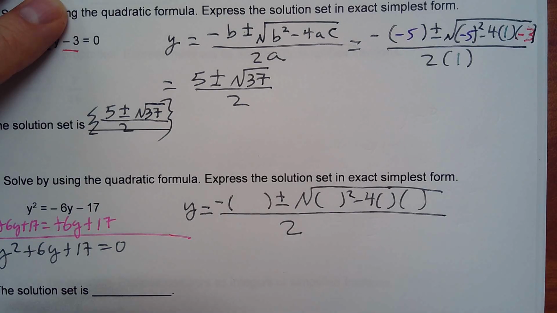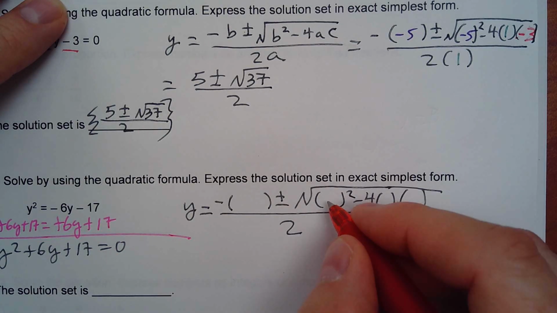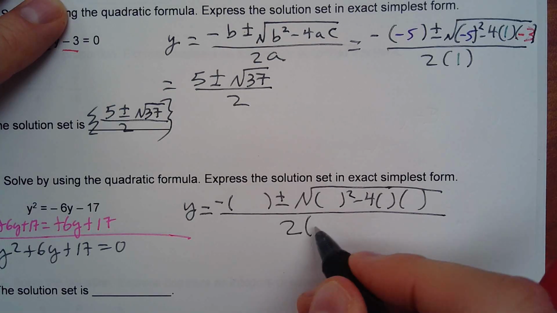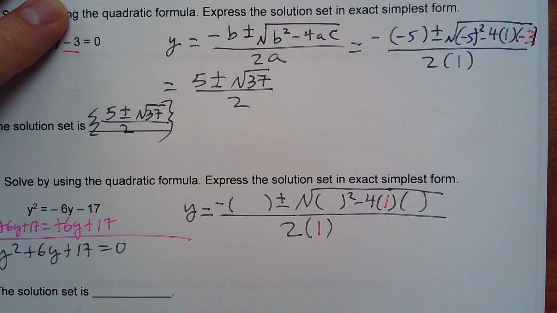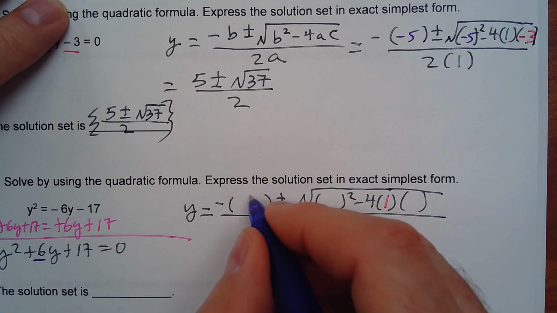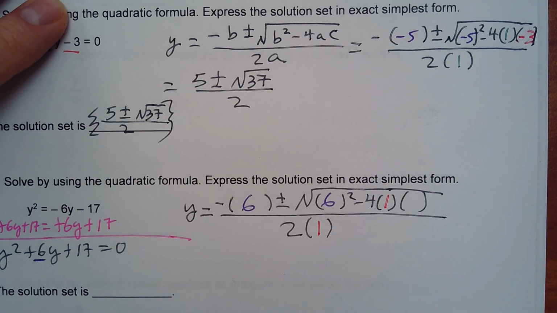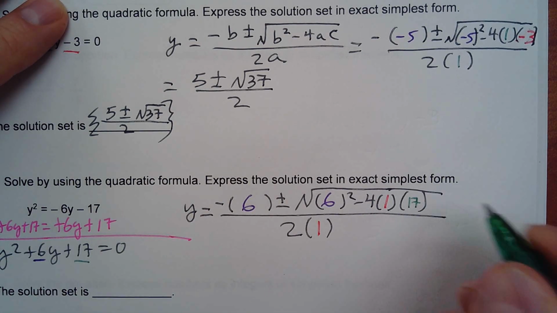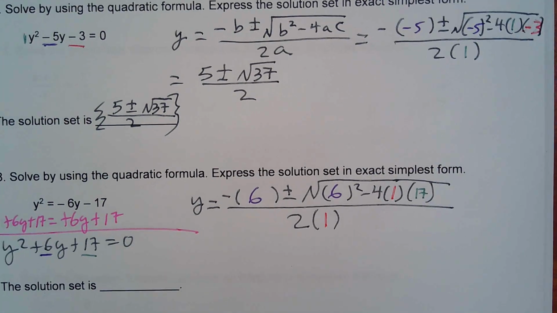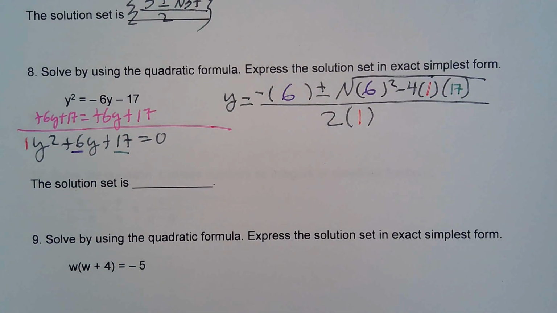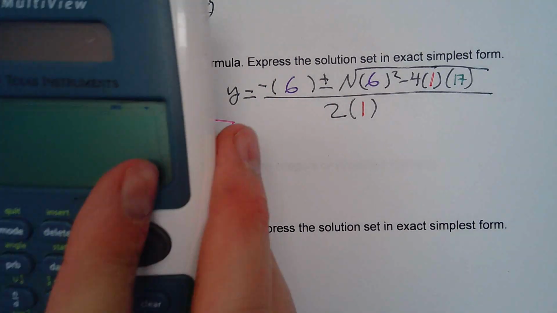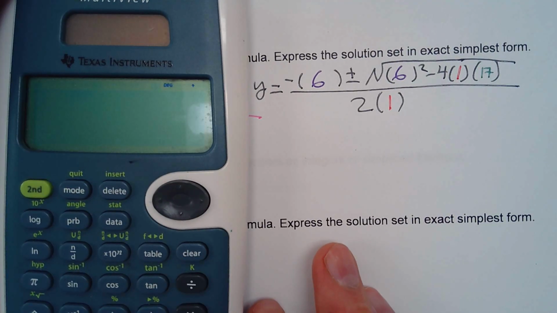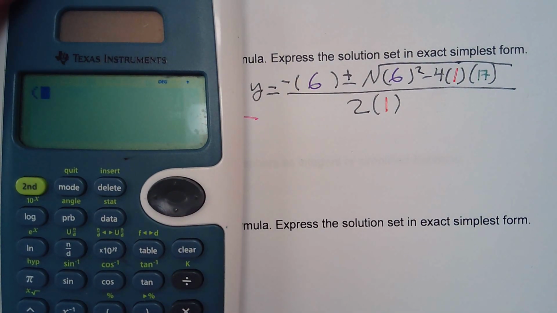So here my a would be 1. So put that in. My b here is 6, and my c is 17. All right, so again, let me grab my calculator and let's get that thing under the radical worked out.